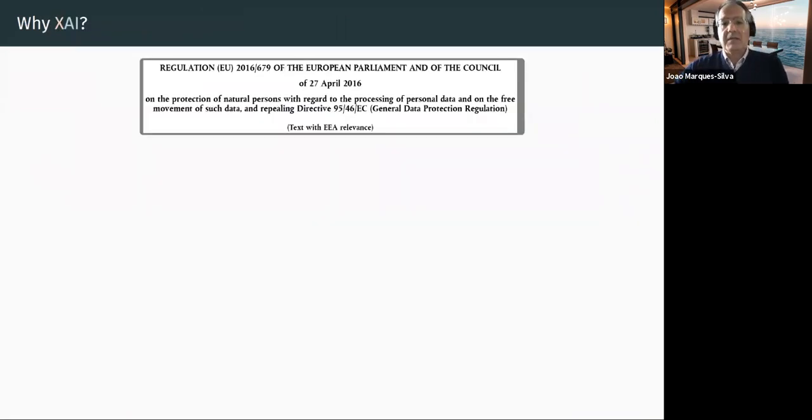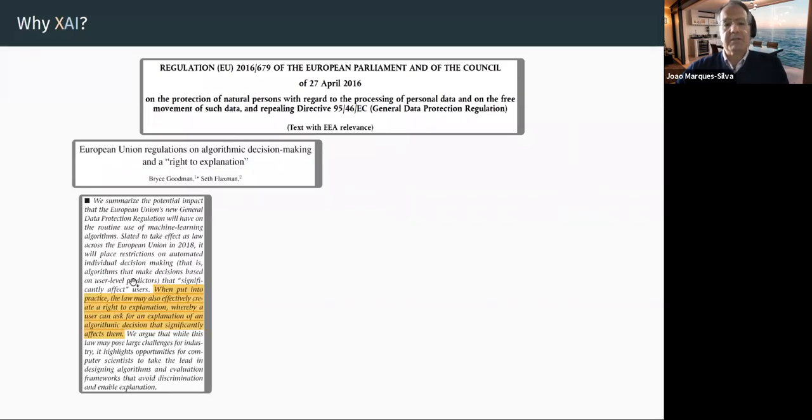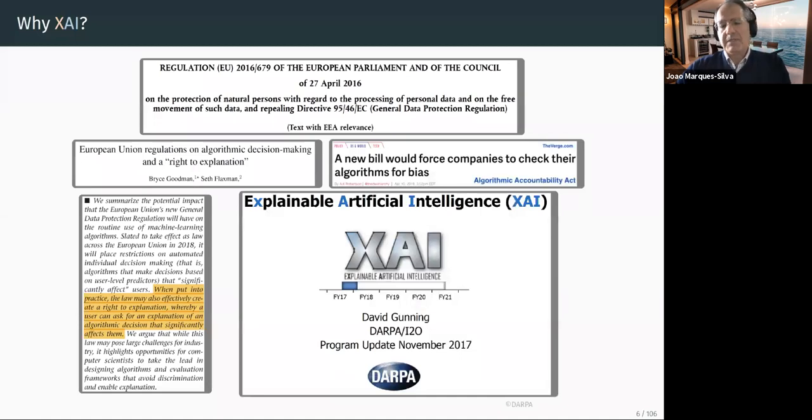So is XAI important? And the answer is yes. If you are in Europe, we have the GDPR, and some authors believe that the GDPR entitles you to explanations in different settings. For example, if you ask for a loan, you should understand why you didn't get a loan. In the US, the same. DARPA created this XAI program, and that's where the acronym was created.